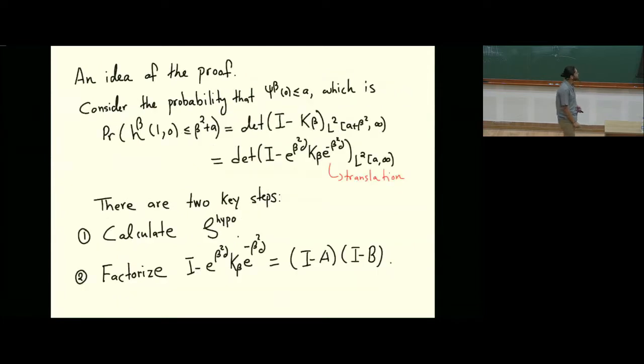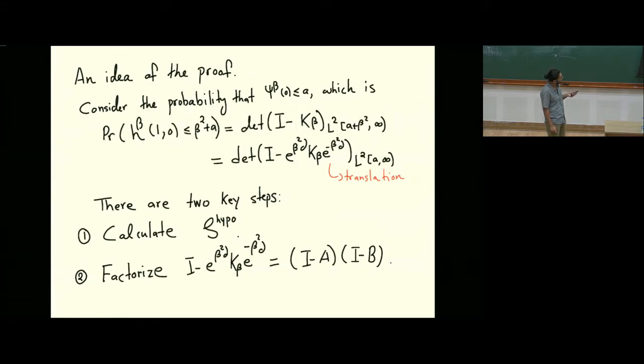So I want to mention a few things about the proof, because I gave all these formulas and I want to explain how they work. Suppose I want to understand the distribution of H beta at the spatial point x equals 0. We want to take the limit as beta goes to infinity.